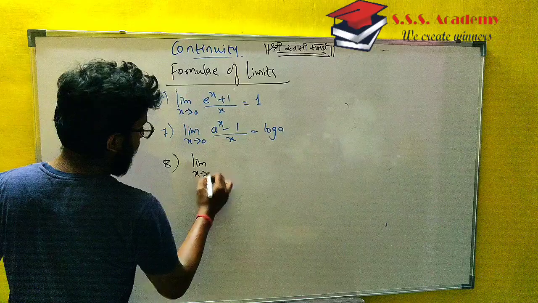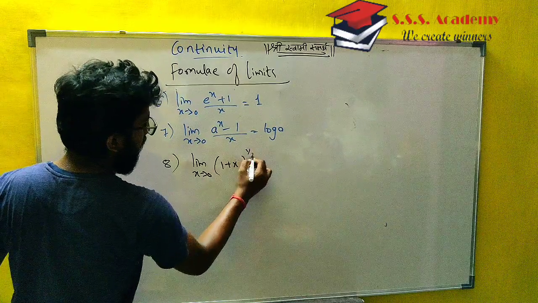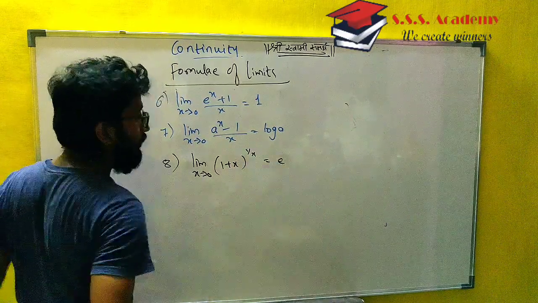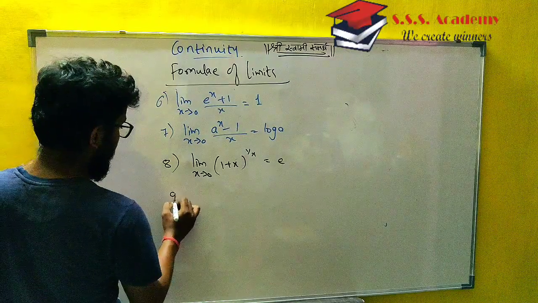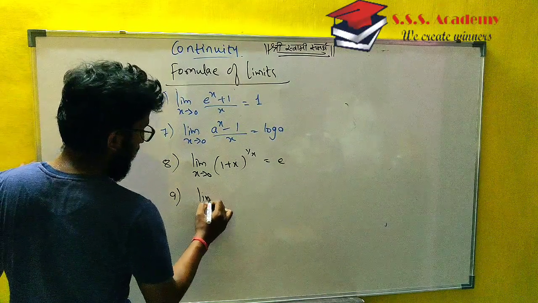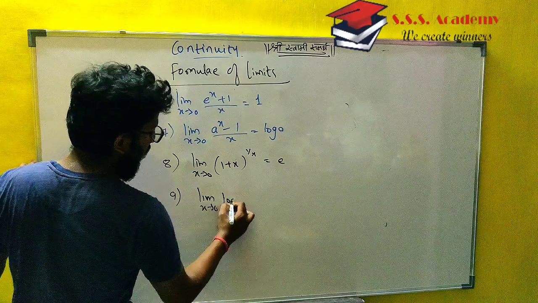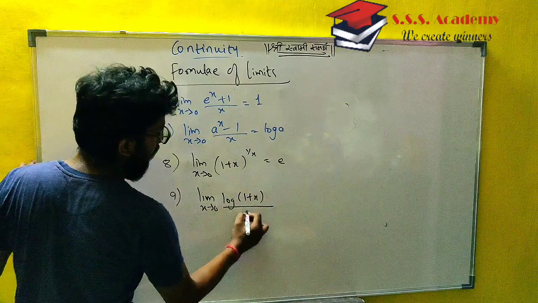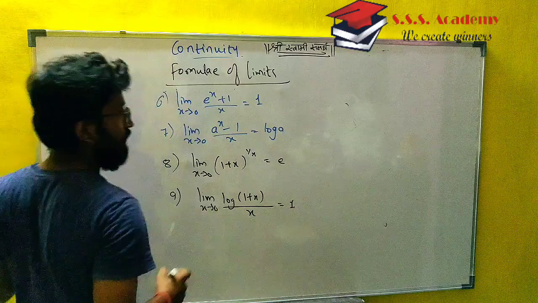Over here limit x tends to 0 of (1 plus x) the whole raised to the power 1 upon x has the value e. And the last one is limit x tends to 0 of log of (1 plus x) upon x, the value is 1.